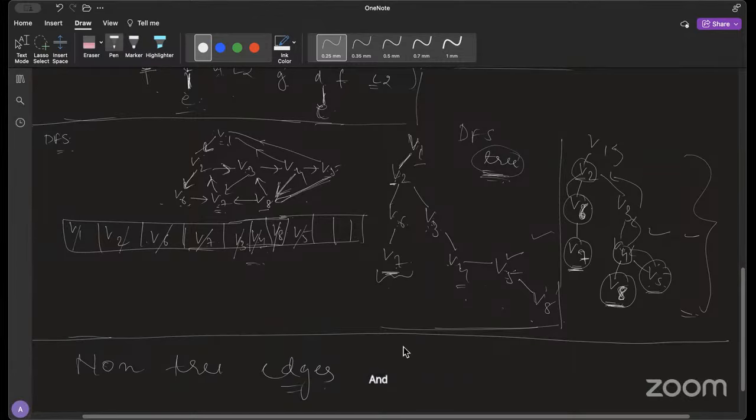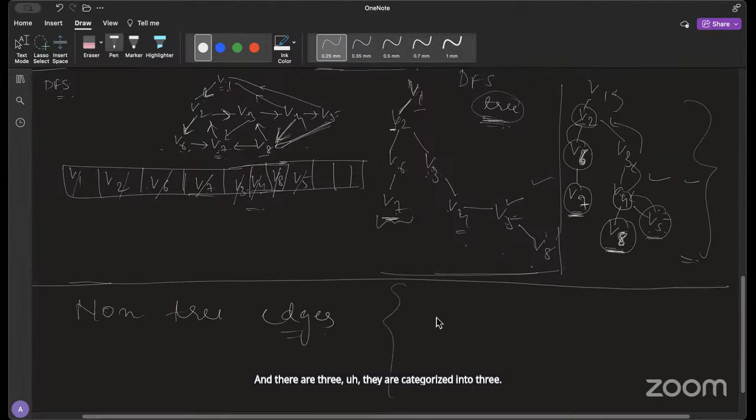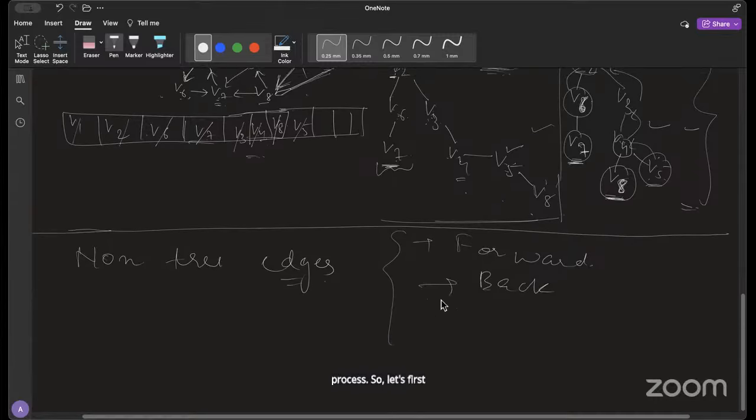They are categorized into three: forward edge, back edge, and cross edge. So let's first discuss the counters, and then we will discuss these edges.